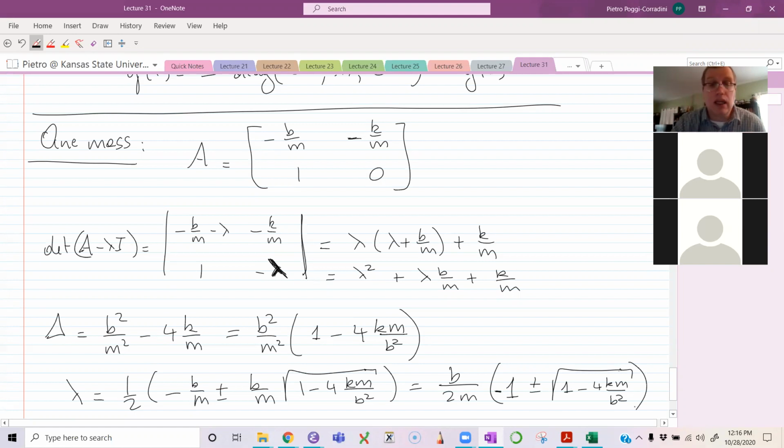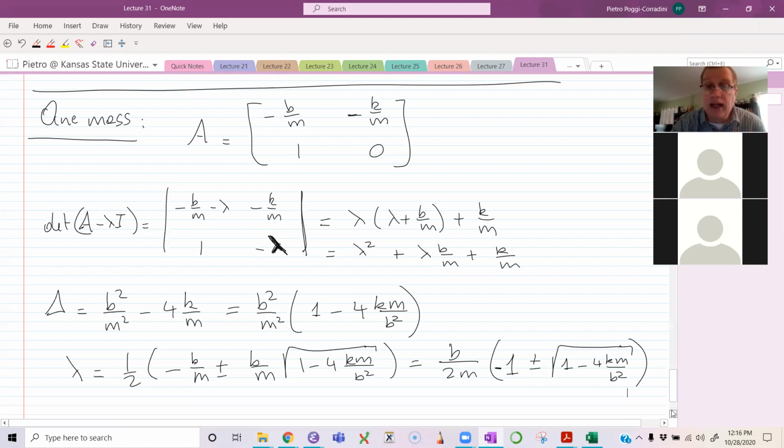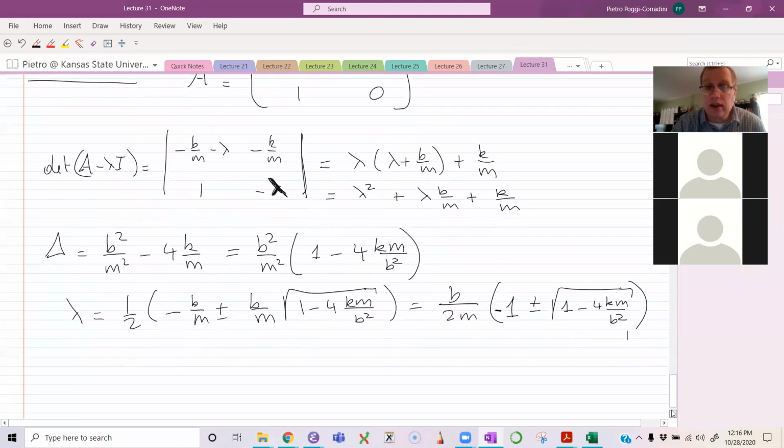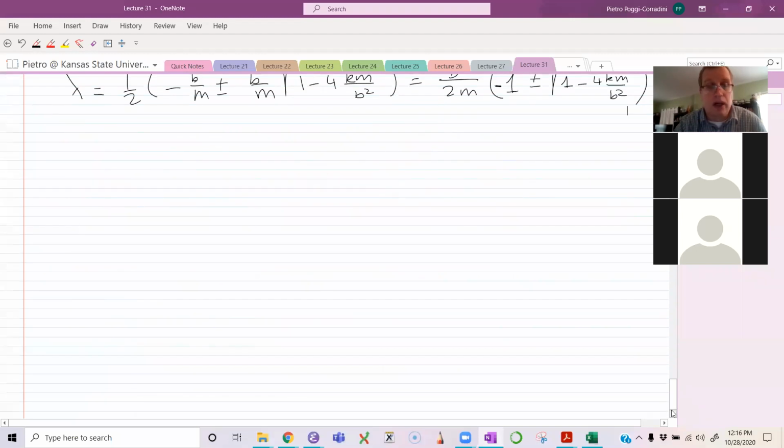All right, so the key now is the question: is the radical, the thing under the square root, positive or negative? 1 minus 4km over b squared is negative if and only if 4km over b squared is greater than 1.